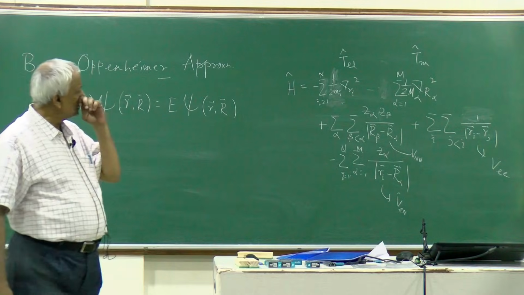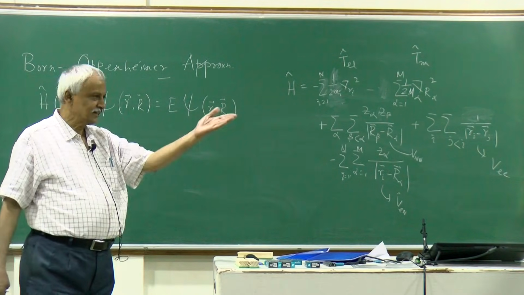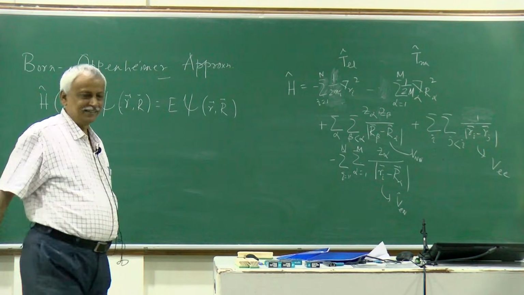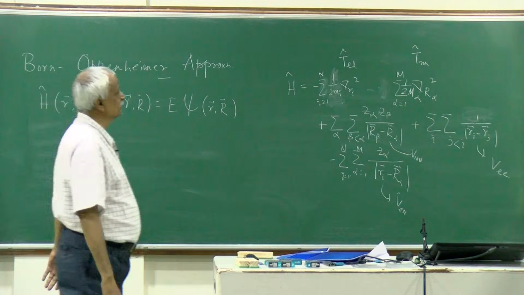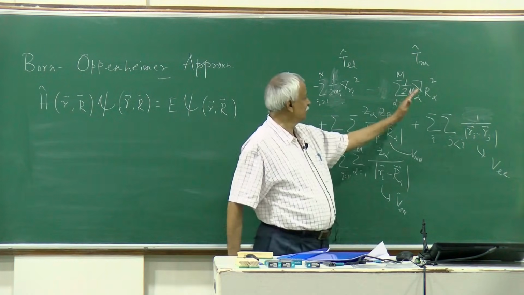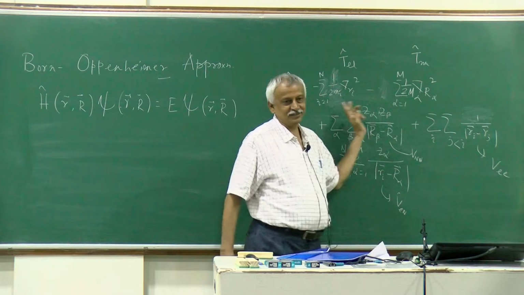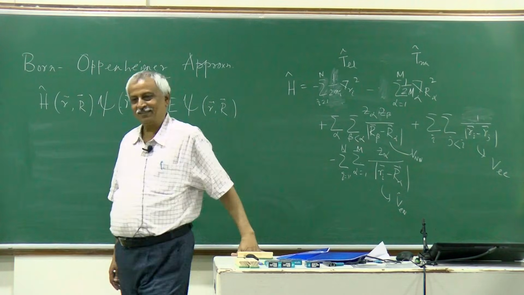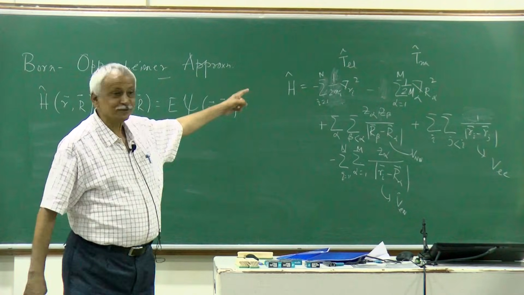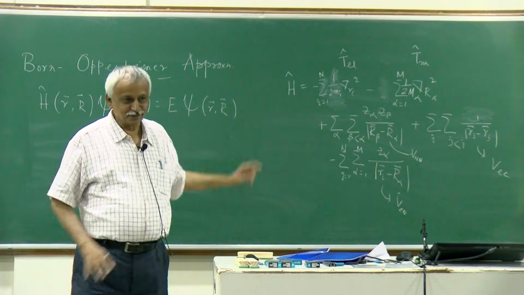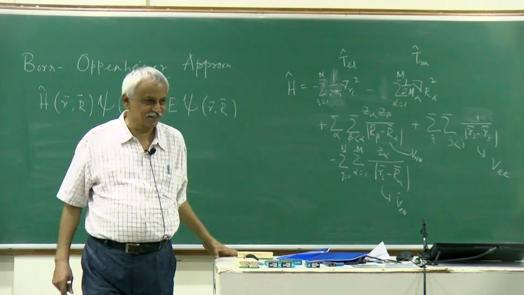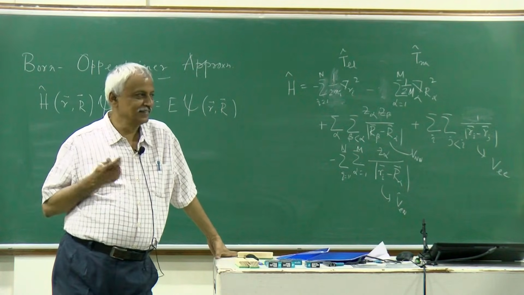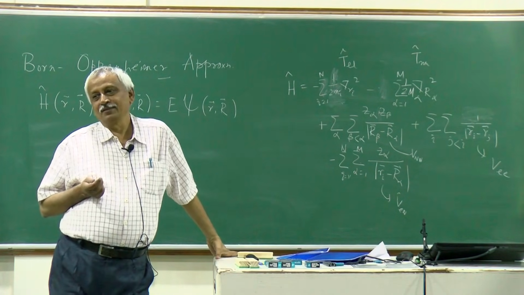No, e square, he has taken already atomic unit. So in that case, because I am using both the types of particles, that's why I put the mass. Otherwise, this electronic mass also is 1. Okay, you see, I didn't put h cross square. You know, the kinetic energy operator h cross square also should have been there. That is 1. Okay.